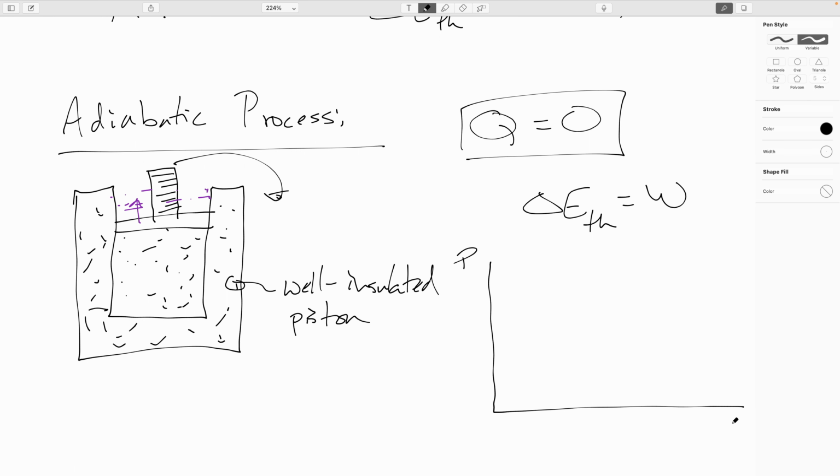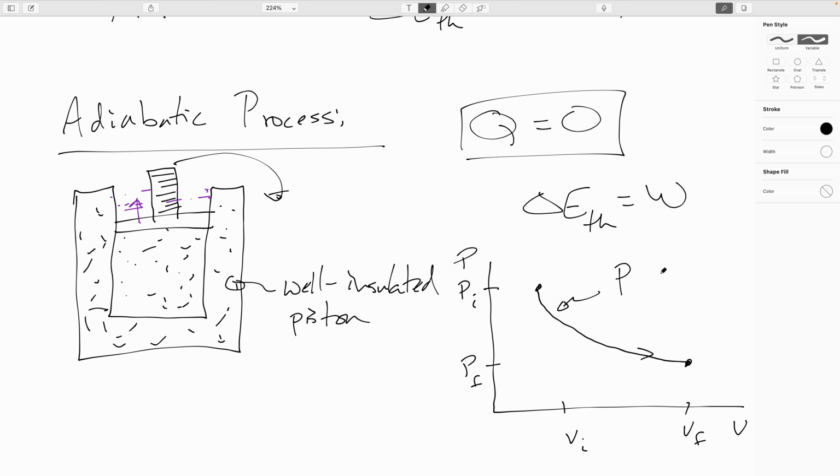looks something like this. So in this example here, where we're doing an expansion, here's P initial, P final, V initial, V final. The process is going to look something like this, and you might think that this looks like an isotherm, but it's not.